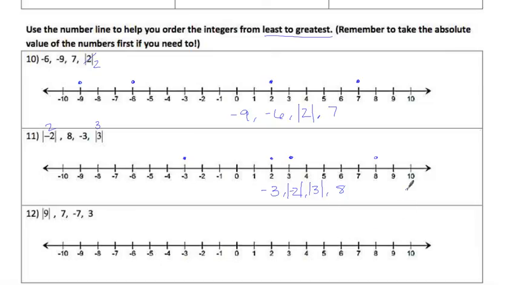You do number 12 on your own. For number 12, this should become 9. If I plot the points on here, I have 9, 7, negative 7, and 3. Least to greatest, it would be negative 7, 3, 7, 9. Put them back into original form, so the 9 needs absolute value.